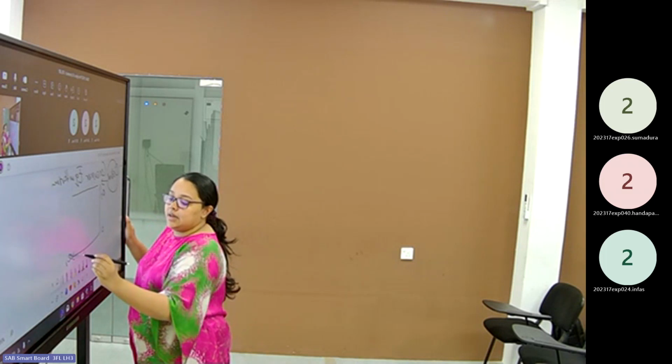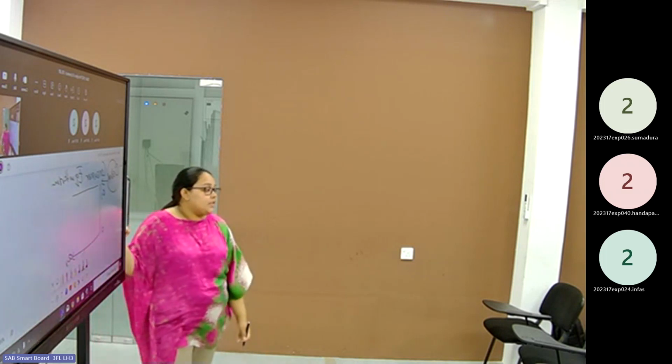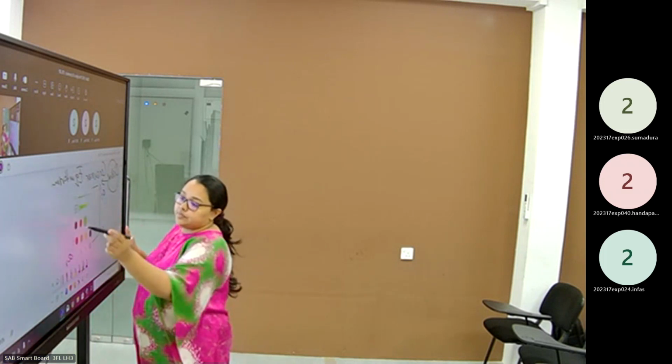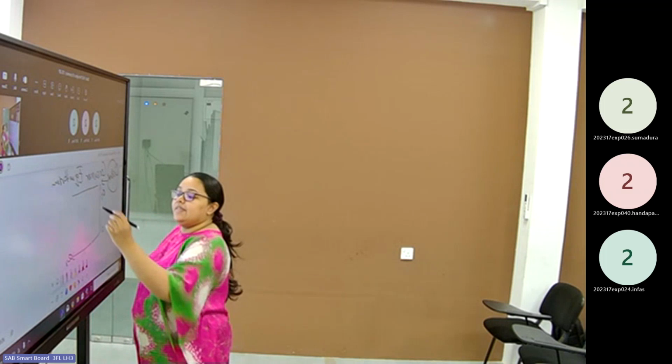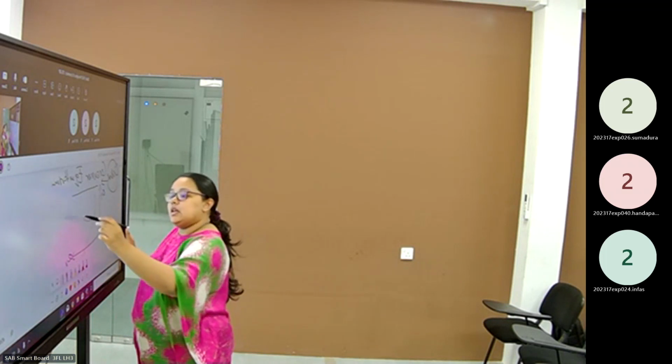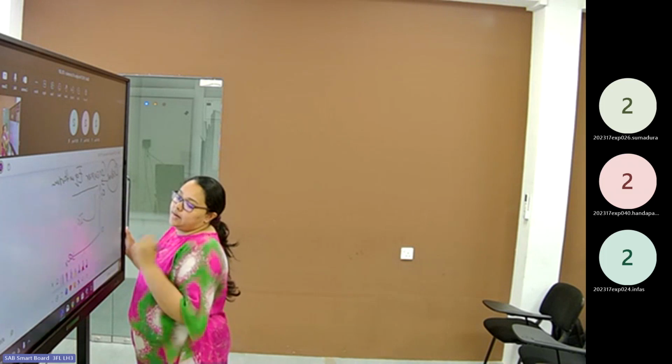Budget line BL1 represents the cost. Indifference curve IC1.